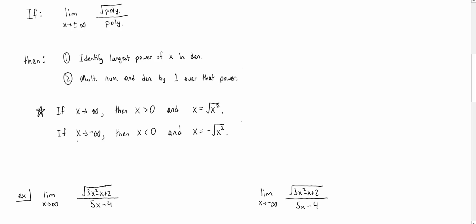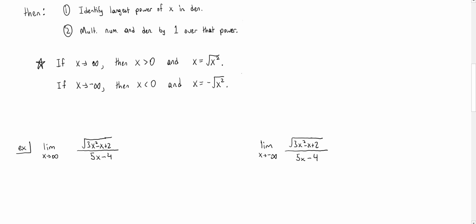However, when x is approaching negative infinity, that makes x a negative number. So the square root of x squared would equal minus x, or equivalently, x would equal minus square root of x squared.